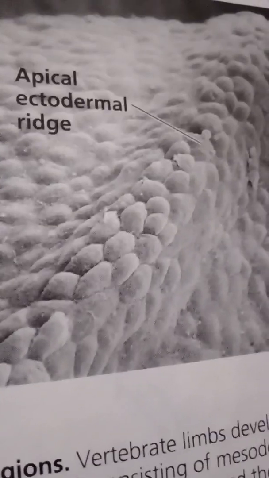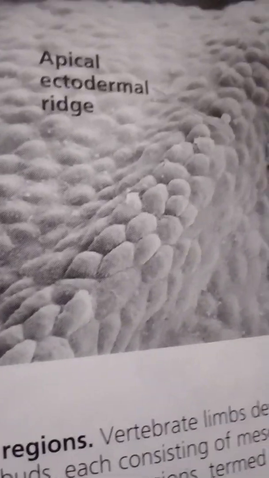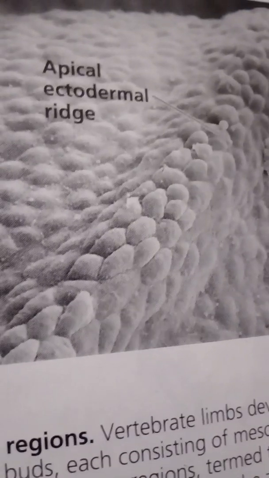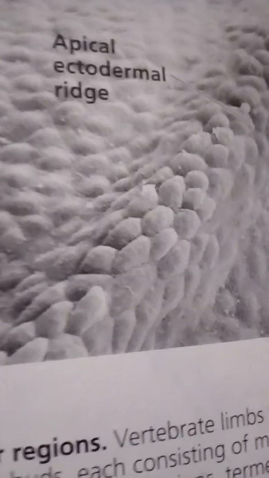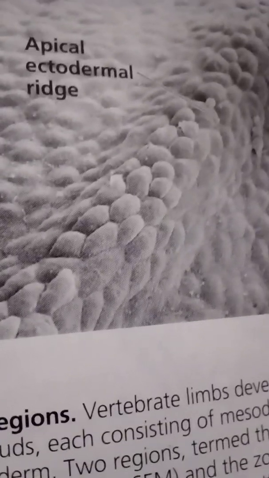The molecular cues that control pattern formation, called positional information, tell a cell where it is with respect to the animal's body axes and help to determine how the cell and its descendants respond to future molecular signals.